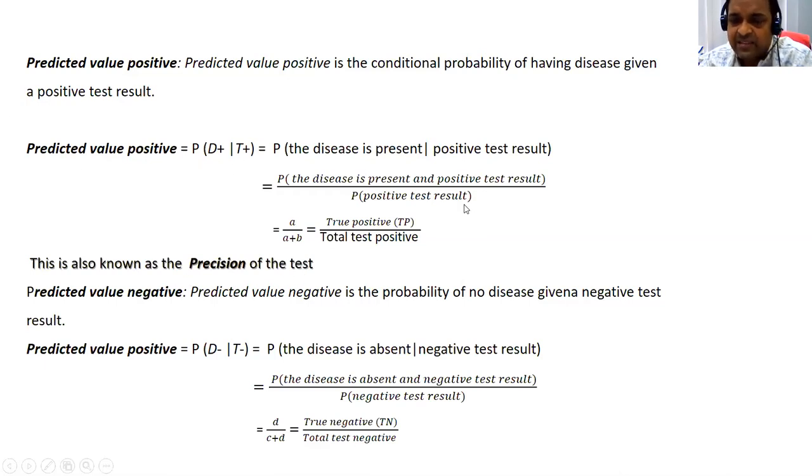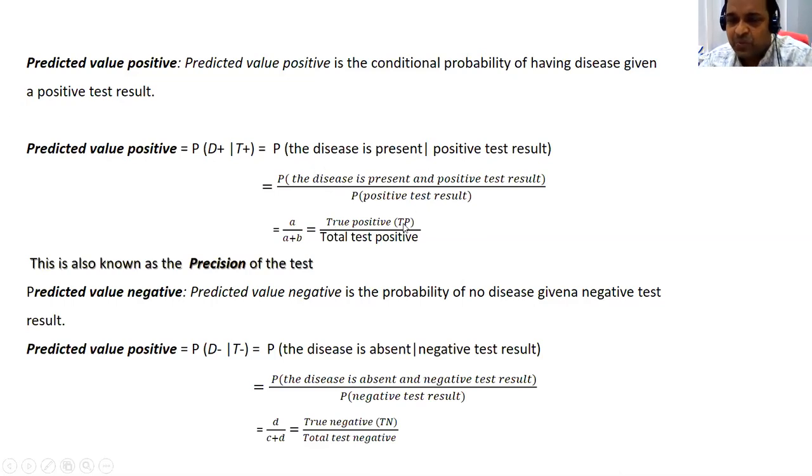How can we get it? Here it will be true positives over total test positives, because the conditional probability of A given B equals A and B divided by B. A and B, or B and A, are the same: disease present and positive test result is the same as positive test result and disease present.